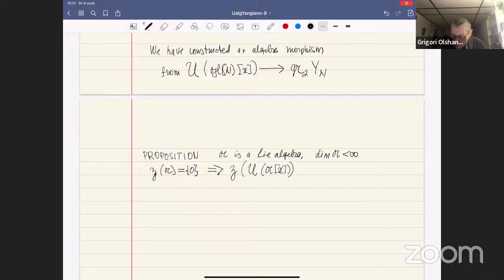This object is called a current polynomial Lie algebra or polynomial loop algebra: the algebra of polynomial functions with values in our Lie algebra. So we claim that the center is also trivial.